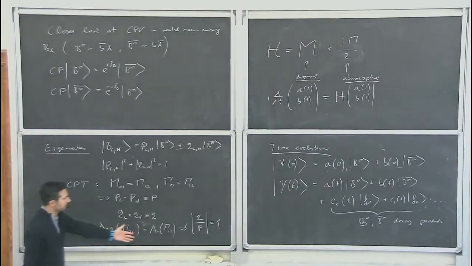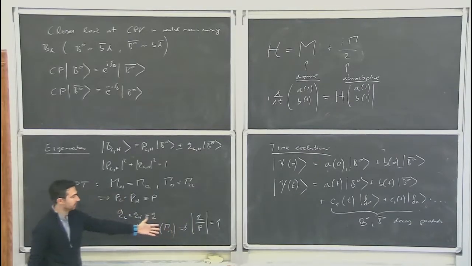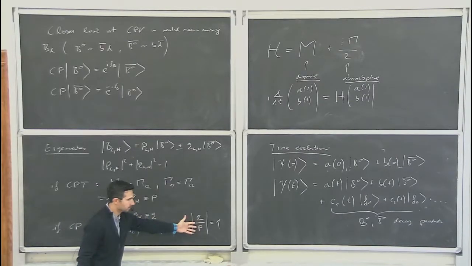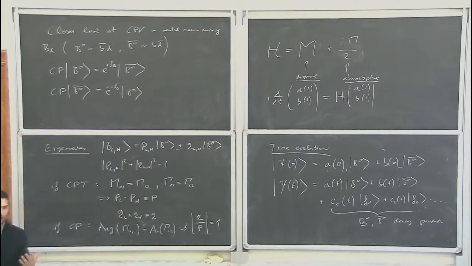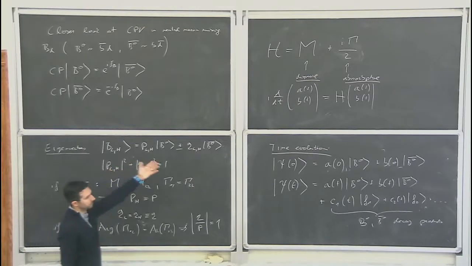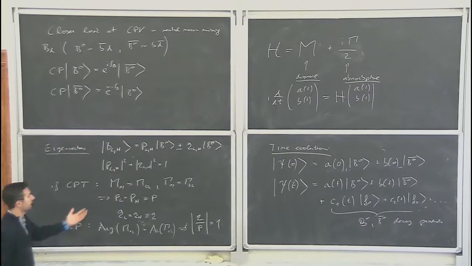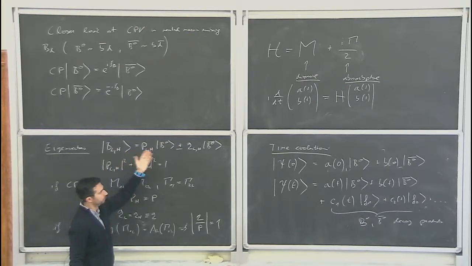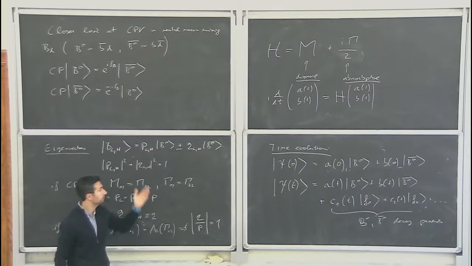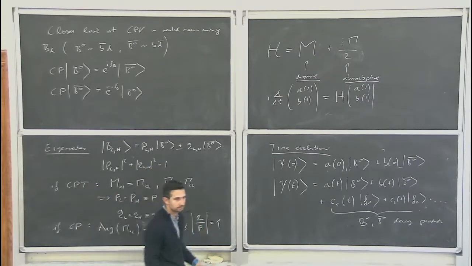Yeah, so to put it differently, if there was CP conservation, then I could always write B and B bar in terms of CP eigenstates, which would be just B naught plus or minus B naught bar, up to a phase.